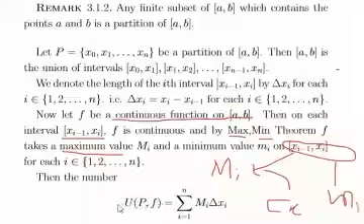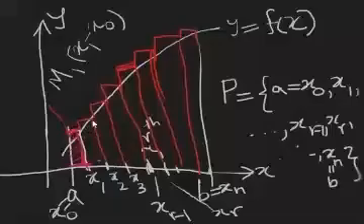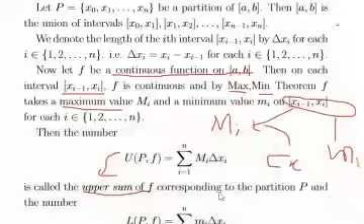This we call the upper sum of f corresponding to the partition P. You add these areas up, and you get the upper sum of f corresponding to the partition P.